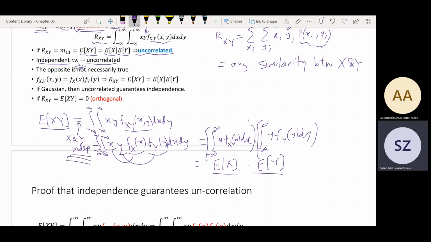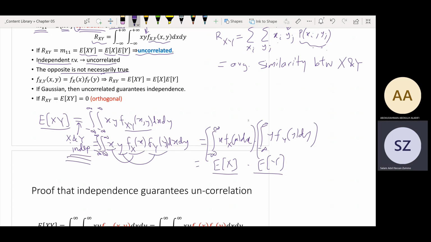The opposite is not necessarily true. It might be, it might not be, we don't know.